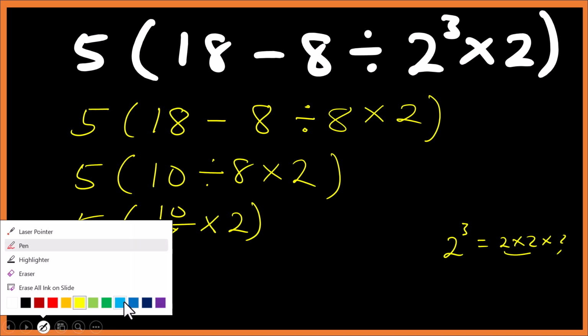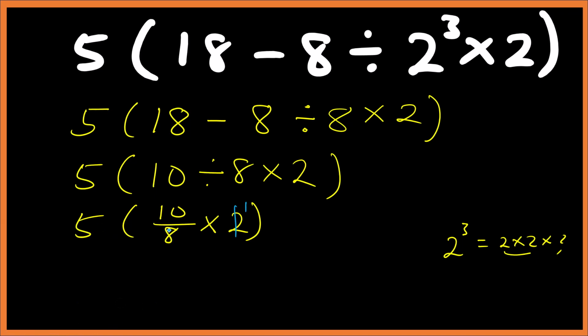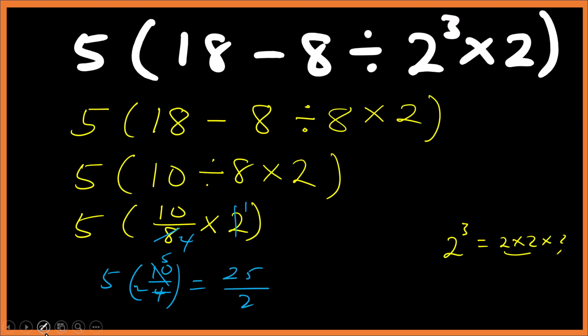So 2 here, 1, 2 here, 4. So we'll have 5 times 10 on 4. So 2 here, 5, 2 here, 2. So 5 times 5 is 25 over 2. Okay, but I'm very sorry, this is wrong.